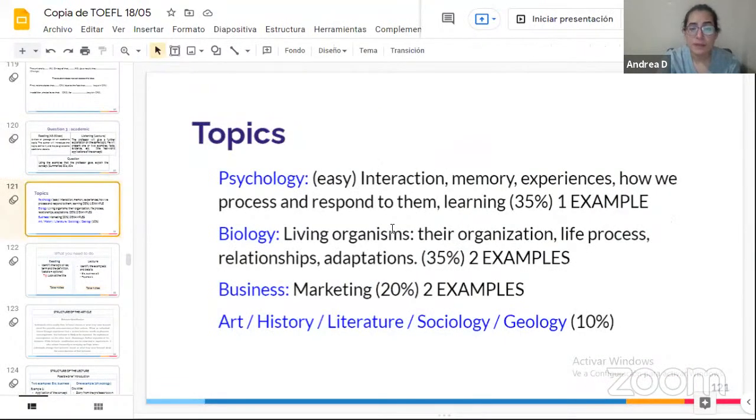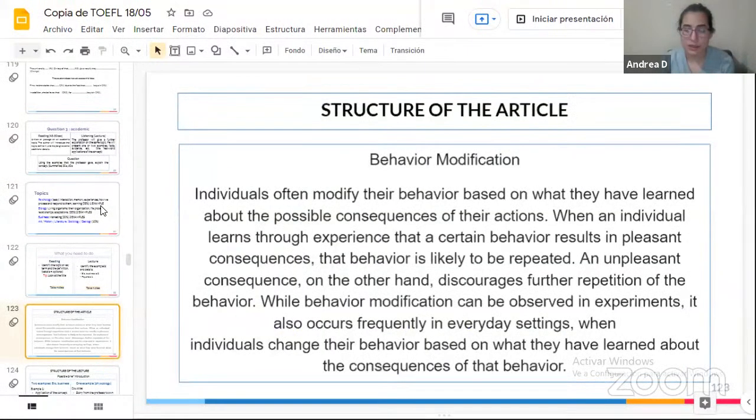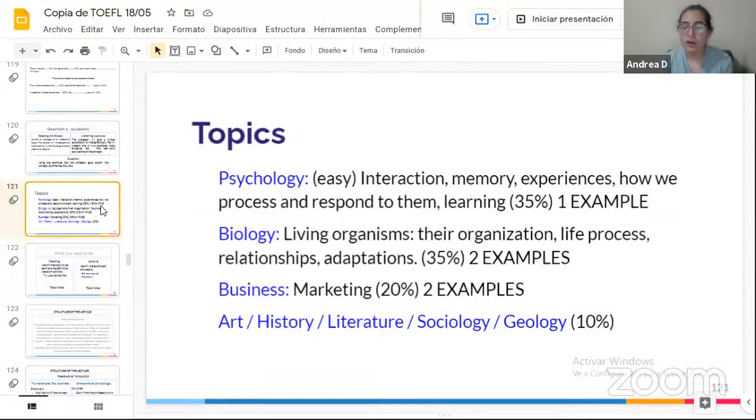Now, regarding the topics that you may have, if you want to be more specific, what topics can you find in the task in general? So the 3 most common topics are these ones: psychology, biology, and business. And believe me, I do really think that you're just going to find one of these 3.